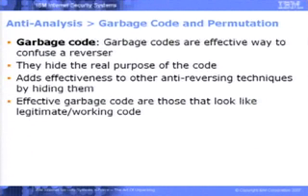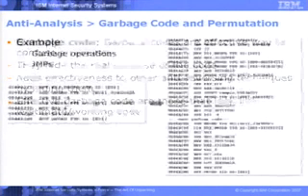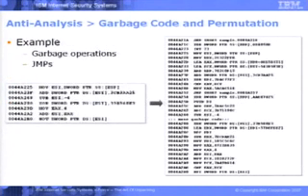They try to hide the real purpose of the code, and it adds effectiveness to other anti-reversing techniques by hiding them. In this particular example, this is a decryption routine. When intertwined with garbage code, this is the equivalent. Looking at the instructions, you will see a lot of garbage instructions that hide the real purpose of the code.